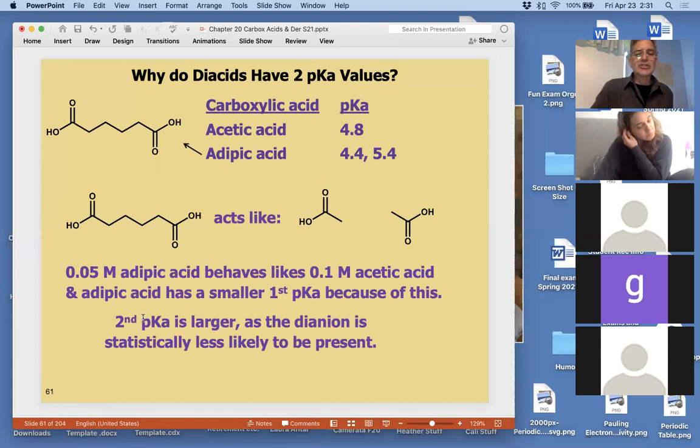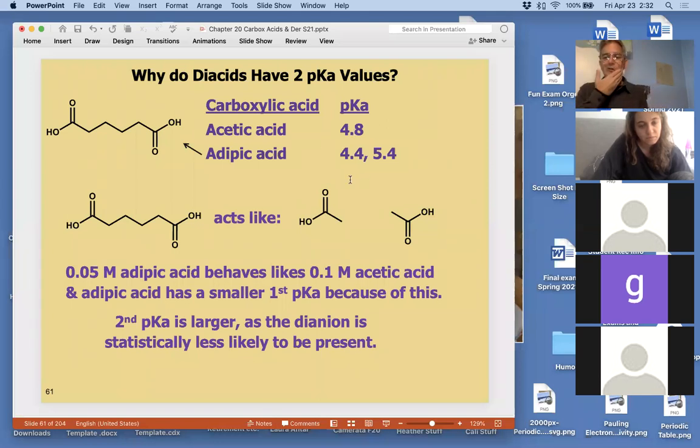It's a strange situation, but having both ends ionized at the same time is less likely statistically, and so the second pKa is larger. So again, the pKa from acetic acid splits into 2 values roughly equal on either side of it. If this doesn't make intuitive sense for you, that's not a problem. Just remember they have 2 pKa's that are split, roughly 1 pK from each other, or half a pK from the middle.